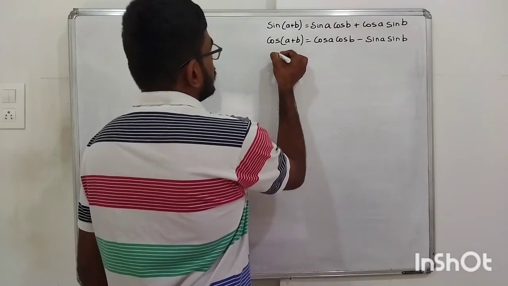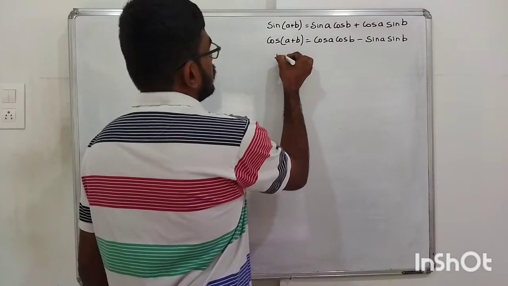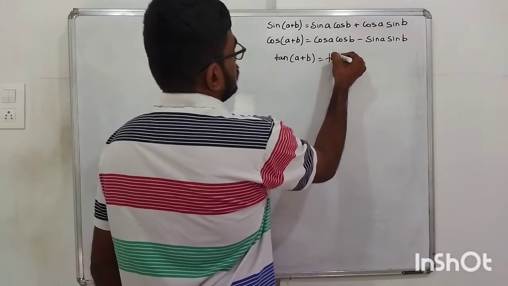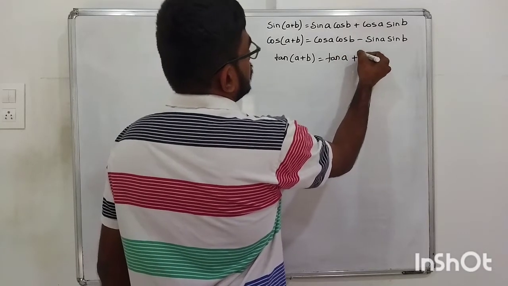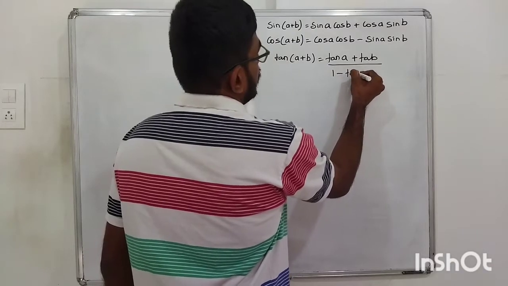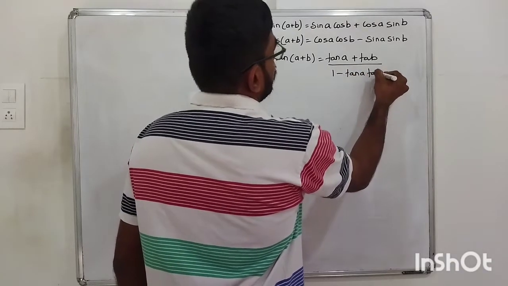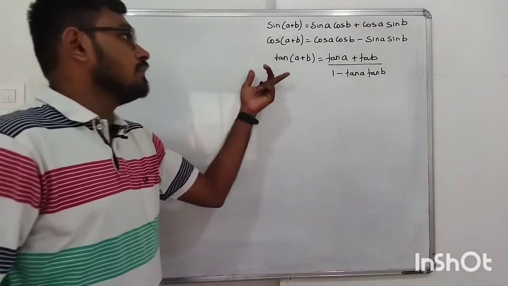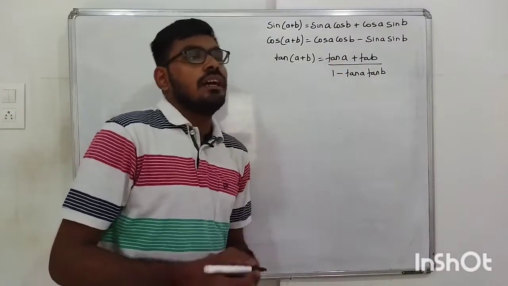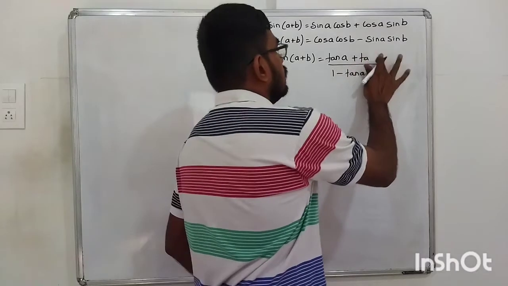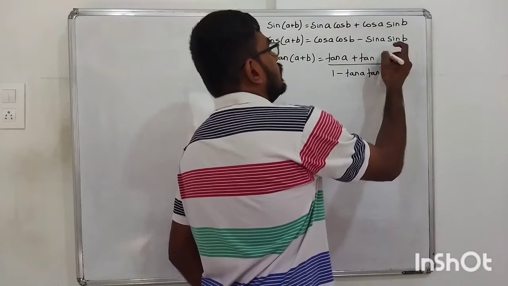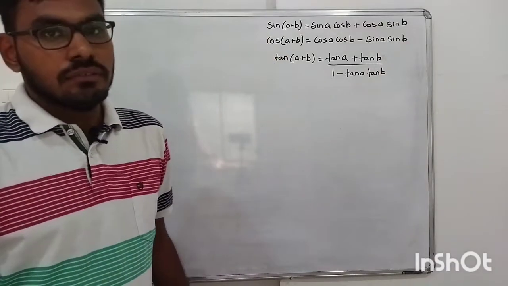Next, tan of a plus b is tan a plus tan b upon 1 minus tan a tan b, and this formula works only when the values of a and b are not multiples of 90 degrees.